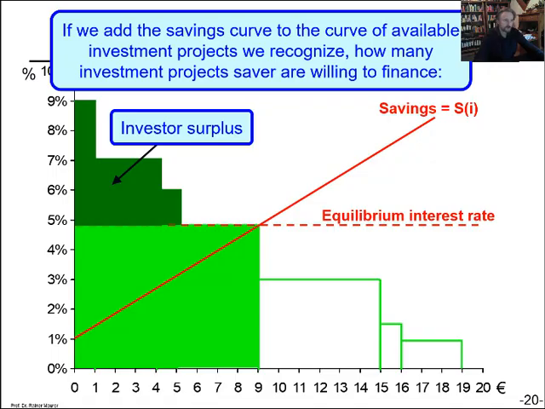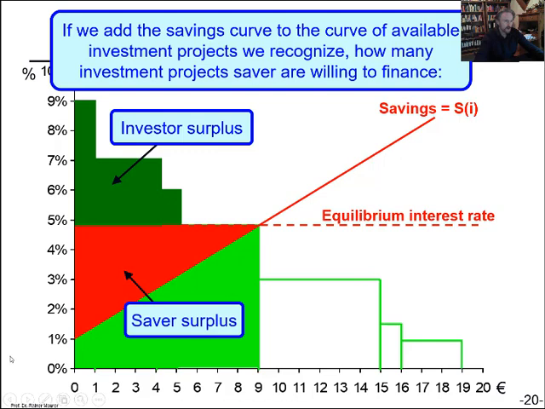If we subtract from this surface the payments necessary to compensate savers for their foregone consumption, that is the area below the demand curve, we receive this red triangle which represents saver surplus.